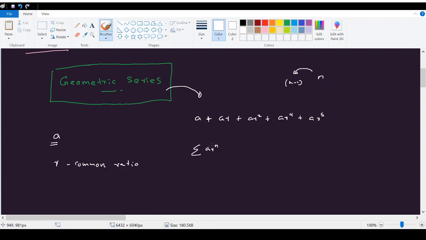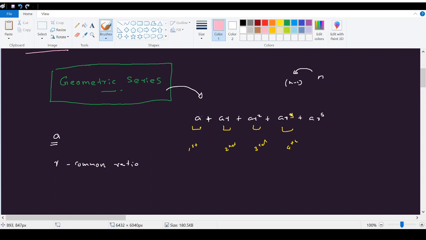Before going into the series notation, you can see that this is the first term, this is the second term, this is the third term, and this is the fourth term, and here it should be 3, because this one times r will be r to the power 3.